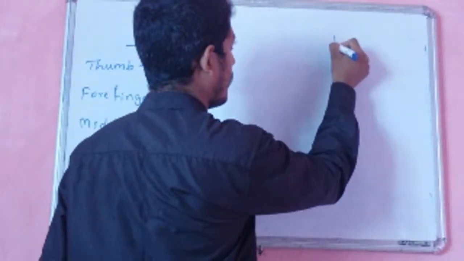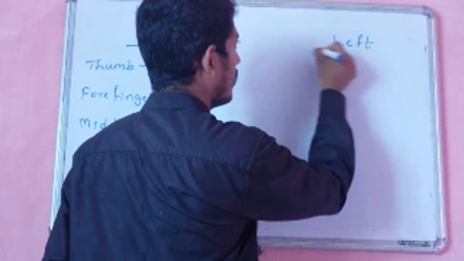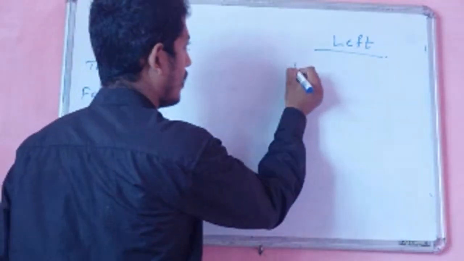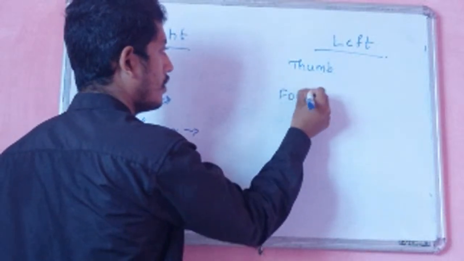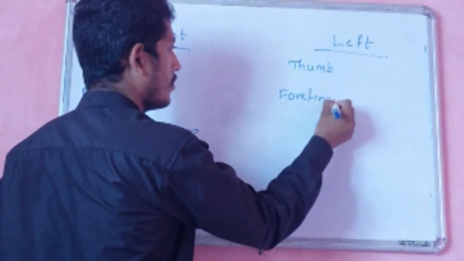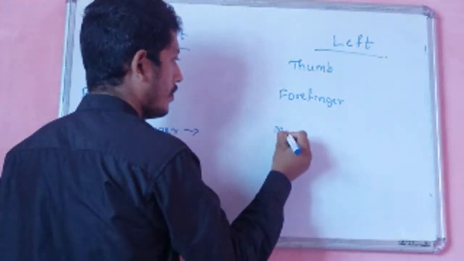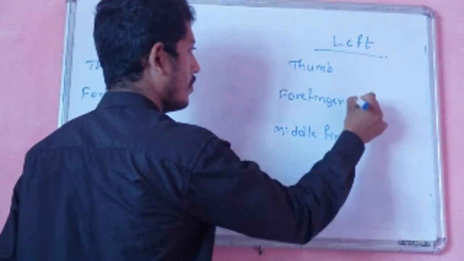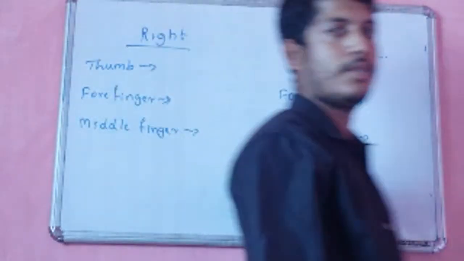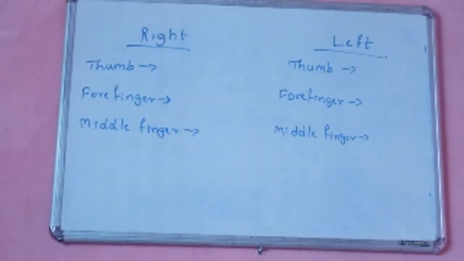Then in the left hand rule, again thumb, then forefinger, and then middle finger. Now comment your answers.